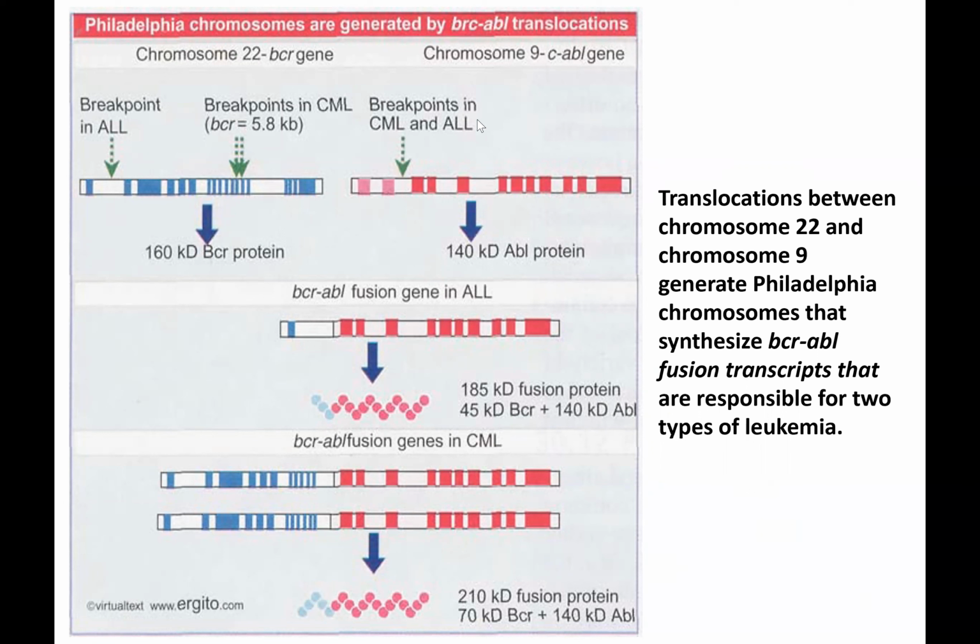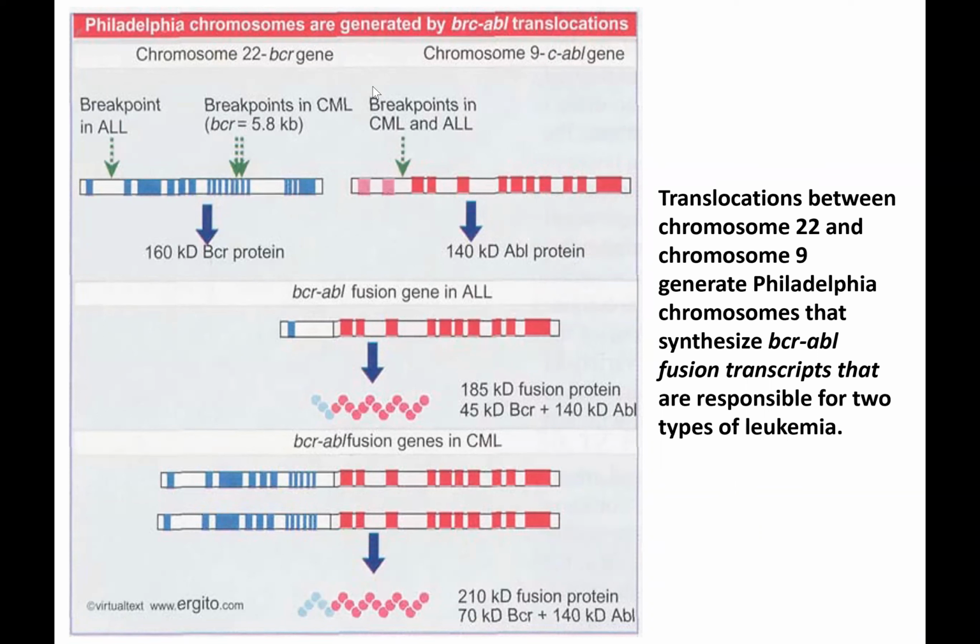But then this BCR region has two breakpoints. Either it can break here or it can break here. But in chromosome 9, this ABL gene has only one breakpoint. It can break here. So what happens in translocation?